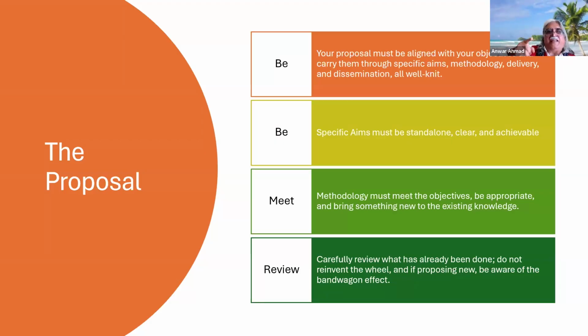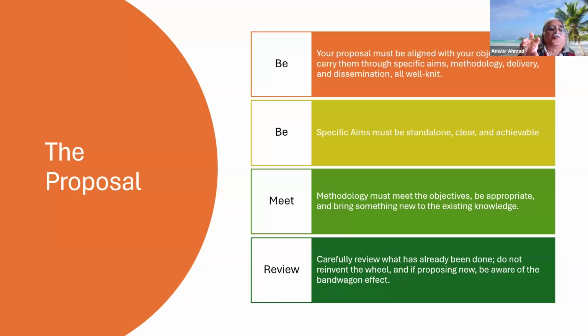And one should not be a bottleneck to the other. All these processes should be standalone. If you miss one, if one is not going well, it should not stop the other. Your specific aim must be standalone, clear and achievable. Do not give four, five, or six specific aims.